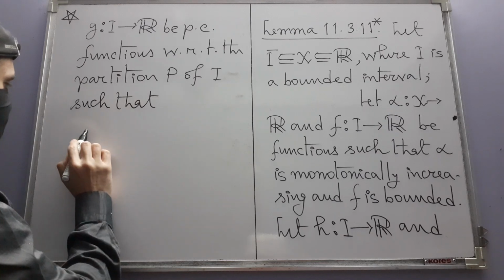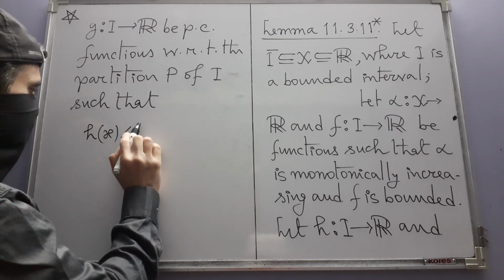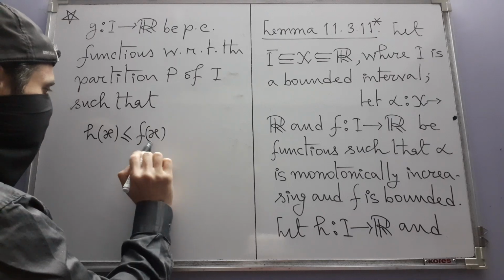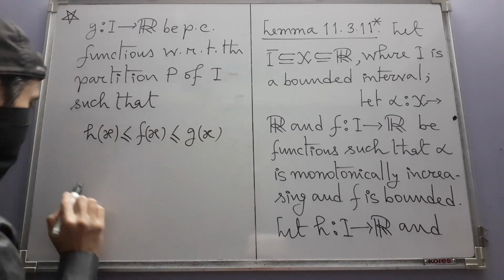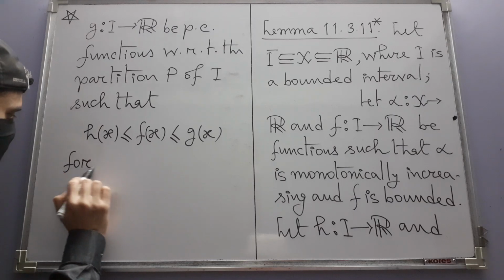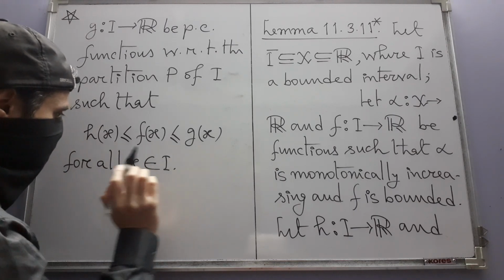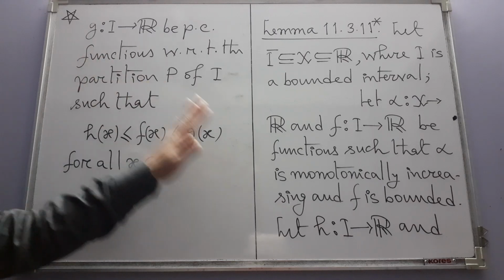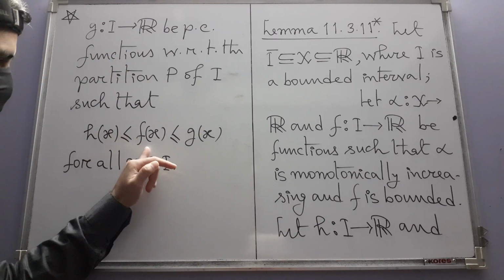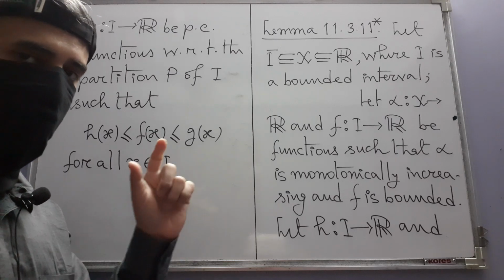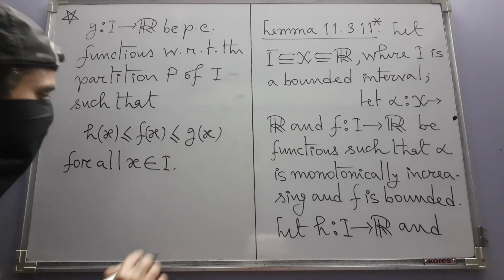Such that h of x is less than or equal to f of x, which is less than or equal to g of x for all x belonging to I. That means h and g are piecewise constant. h minorizes f and g majorizes f on the interval I. Now we have everything.